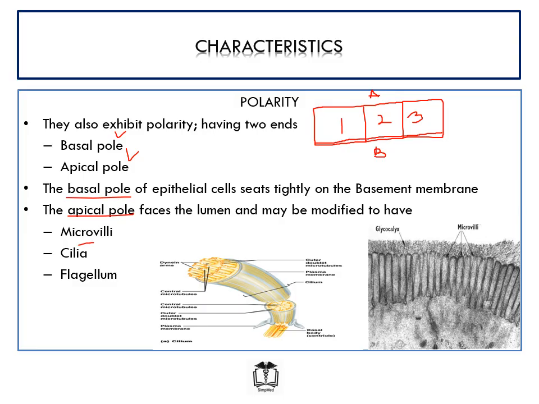Or cilia, found in some of those special sense epithelia within the ears or within sense organs. They usually contain cilia, and the cilia tend to be found also on the apical pole of those epithelial tissues. And then the flagellum as well. Each of these different modifications has its role. For example, the microvilli present in the intestine help in increasing the surface area of the epithelial tissue.